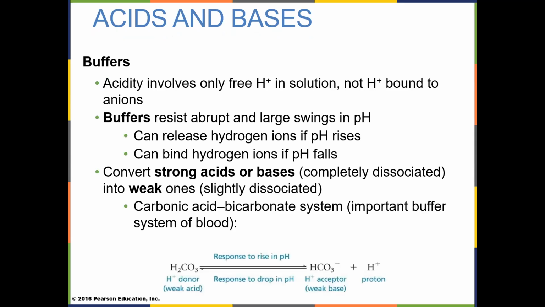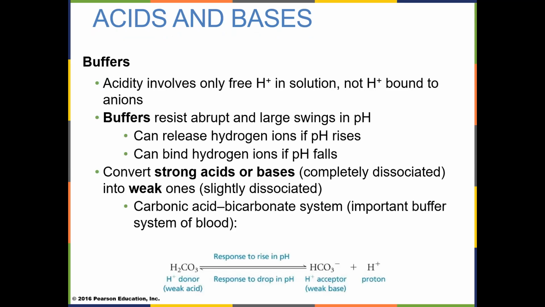Now, we use these acids and bases in our bodies as a buffer. We don't like to get out of balance. We like to stay right at 7.4 in our pH. A buffer: if our pH numbers go up, if we go up above 7.45, we can start releasing hydrogen ions and bring us back down.